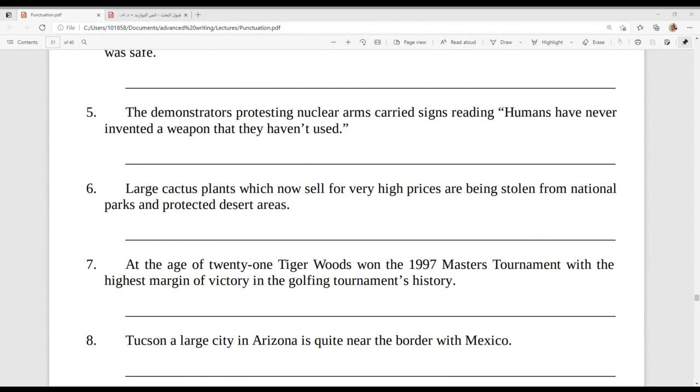At the age of 21, Tiger Woods won the 1997 Masters tournament with the highest margin of victory in the golfing tournament's history. Excellent.